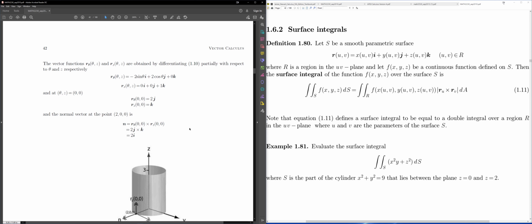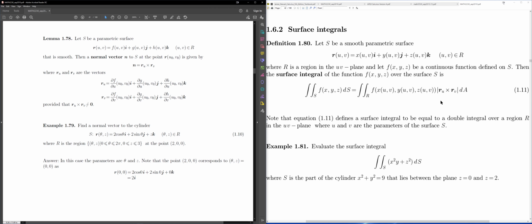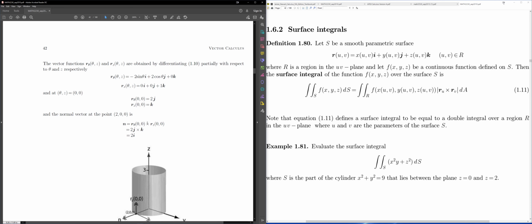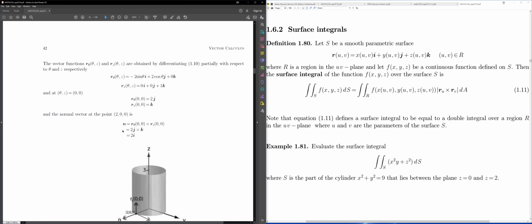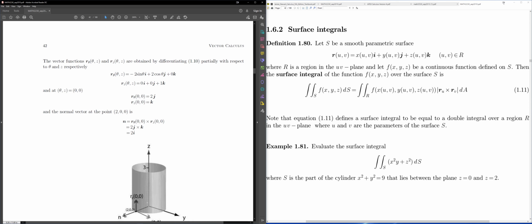This sort of object, Ru cross Rv, we saw already when we talked about parametric surfaces in the lecture. We did an example where we had R theta cross Rz. This is slightly different, since I'm calculating R theta cross Rz for specific vectors, whereas this would be more general.